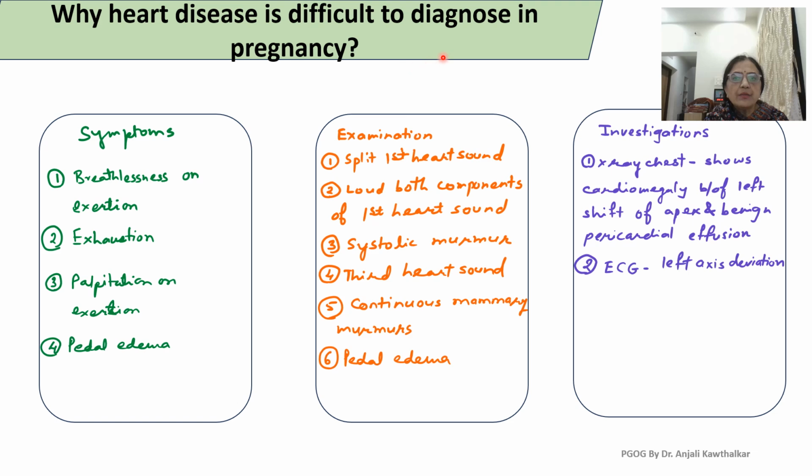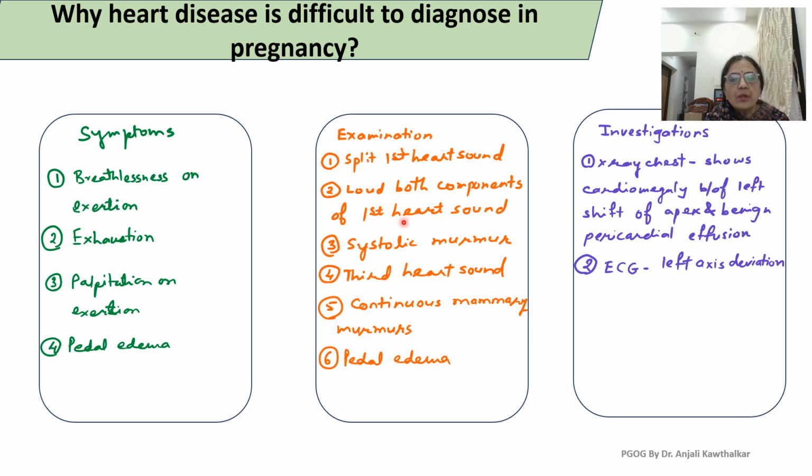Now, why heart disease is difficult to diagnose in pregnancy is a question which is usually asked even of undergraduates. The symptoms which mimic heart disease in a normal pregnancy are breathlessness on exertion, easy fatigability or exhaustion, palpitation on exertion, and the patient gives a history of pedal edema also. On examination, there is a split in the first heart sound in a normal pregnancy.